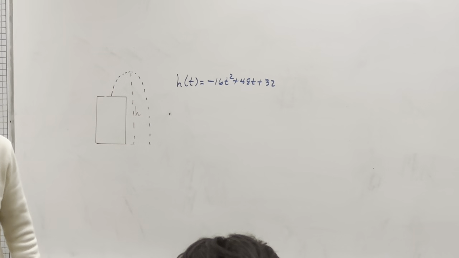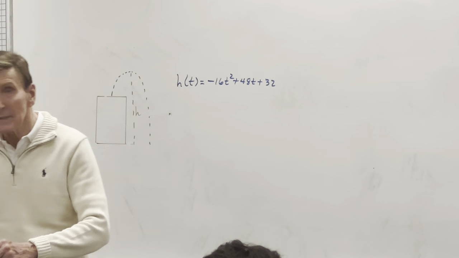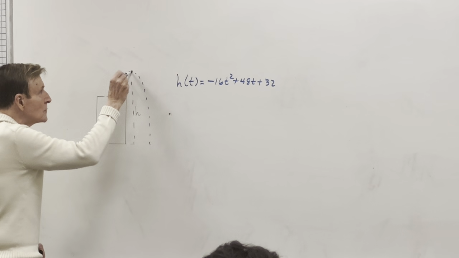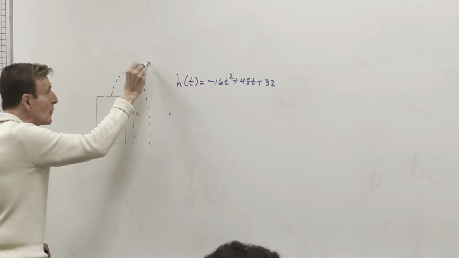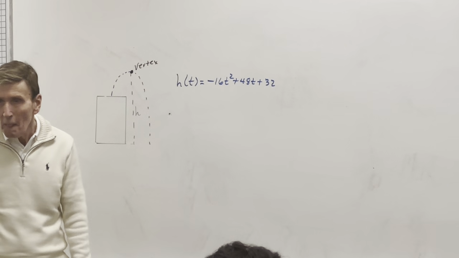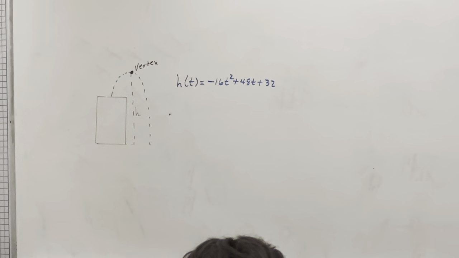Well, I have a question. Yeah, go. Would our maximum height be our vertex? Exactly. They're asking you to find the vertex. I'm not looking for an actual height yet. You described it perfectly. The maximum height is the vertex.